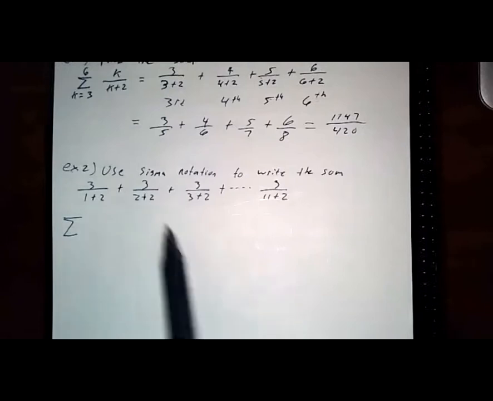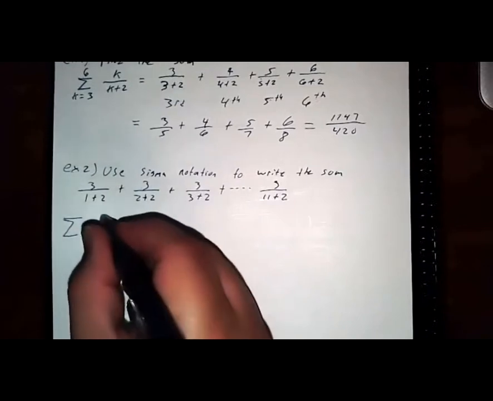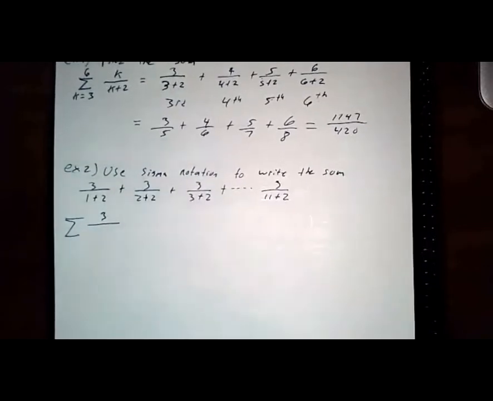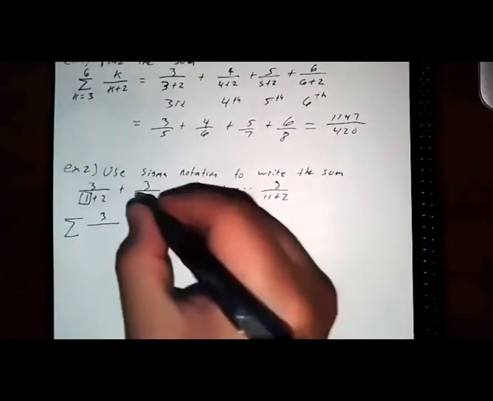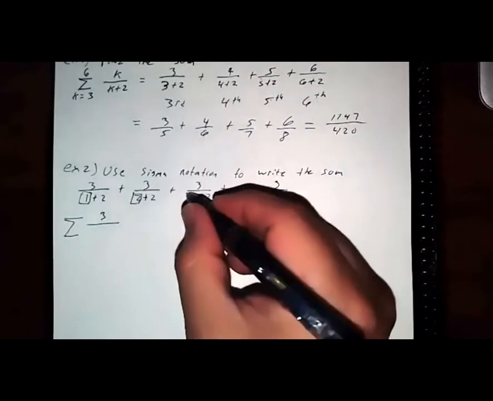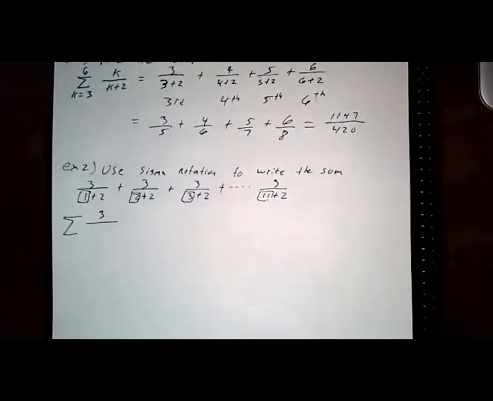So try to find the pattern, right? You see the 3 is constant, so that's not part of the formula. So that's just a 3 that's tacked on, right? Now we got to figure out, where do I start? These numbers are the ones that are cycling or changing, right? You agree? Yes.